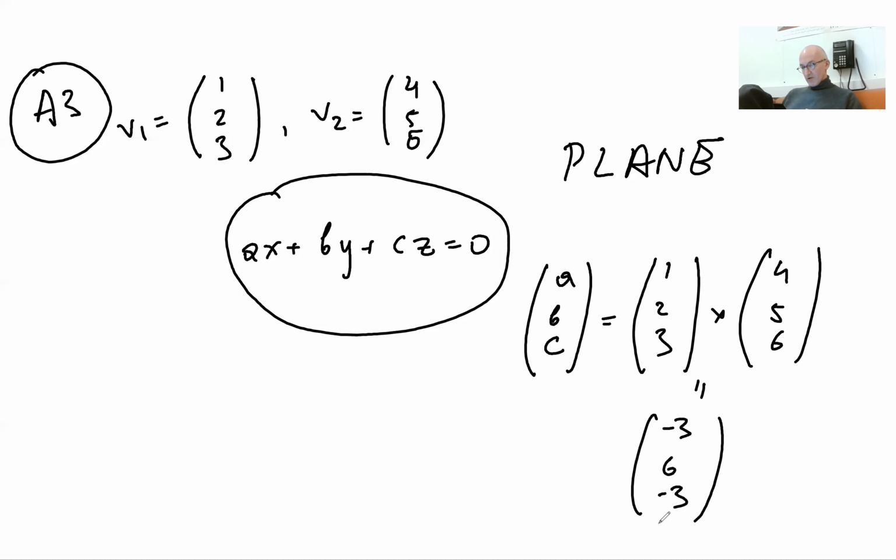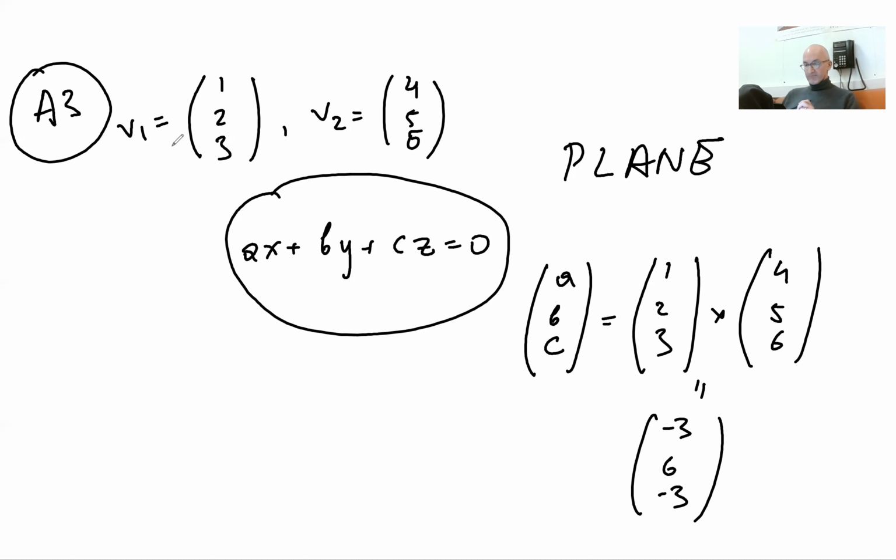Okay, so why can a, b, c be taken as a cross product? Because the cross product is orthogonal to vectors (1, 2, 3) and (4, 5, 6). If you think about this equation, you can think of it as a dot product of (a, b, c) and vector (x, y, z). So every vector contained in this plane must be orthogonal to vectors v1 and v2.